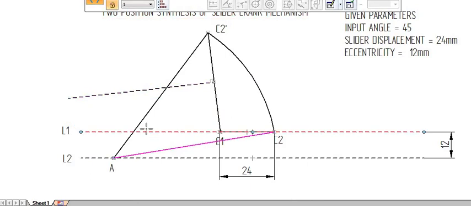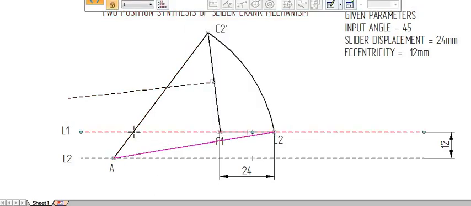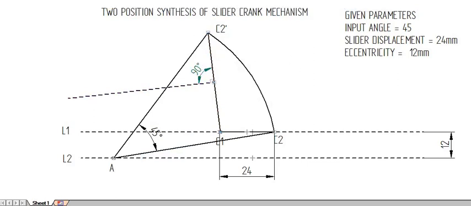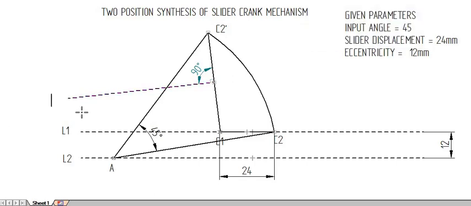As we mark the angle, this is the input angle which is 45 degrees, and the angle with the perpendicular bisector will be 90 degrees. Now I am naming this perpendicular bisector as NC.